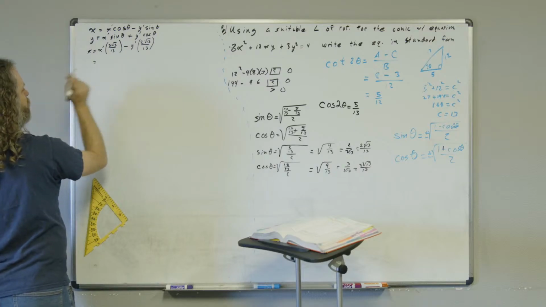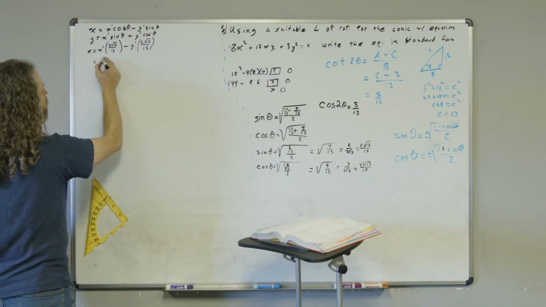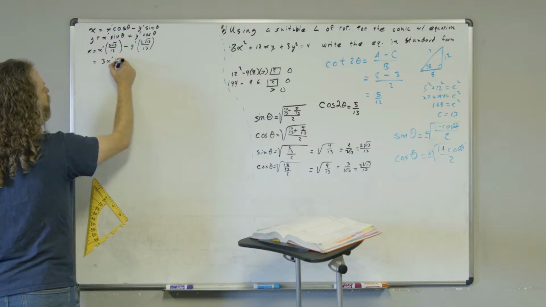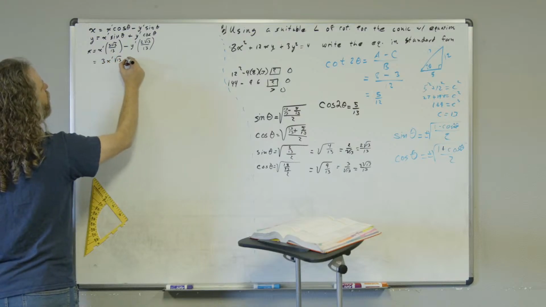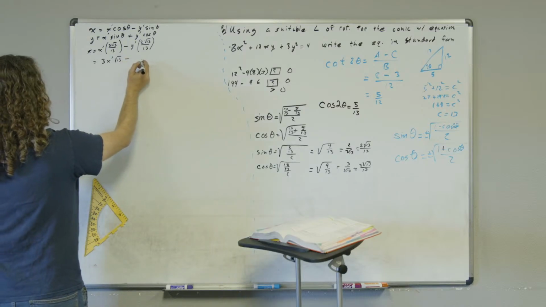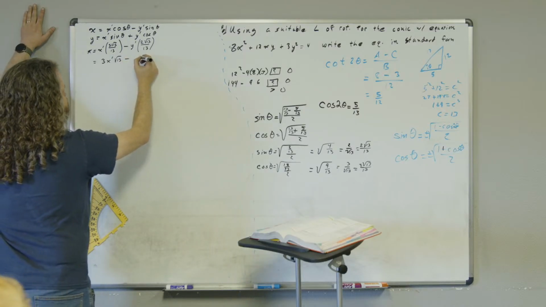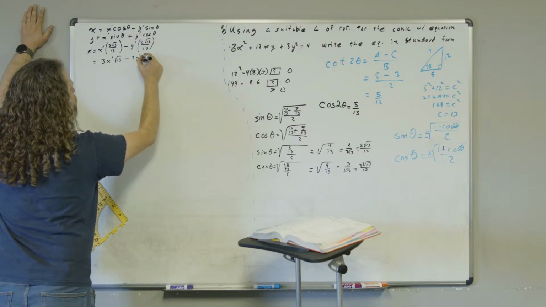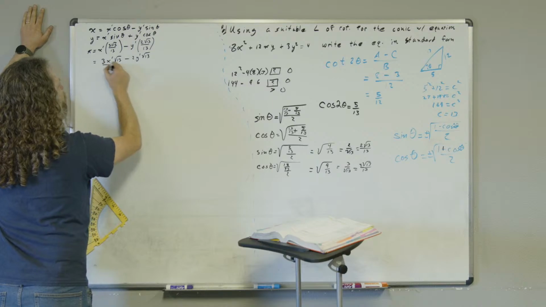So it equals 3x prime square root of 13 minus 2y prime square root of 13 over 13.